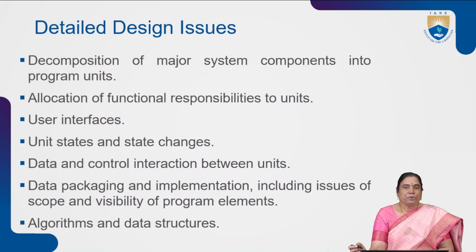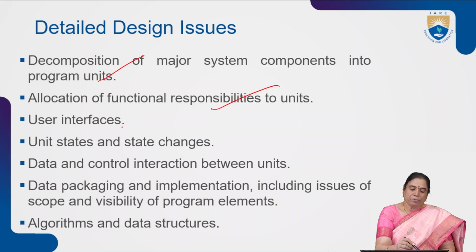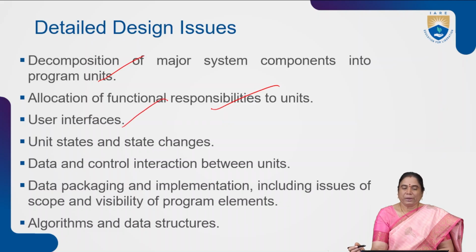So the general issues that are focused on in the case of detailed design are decomposition of major system components into program units and allocation of functional responsibilities to the units. How the user interfaces are implemented. What are the unit states and state changes? So how events are received so that the application state transition can be performed.